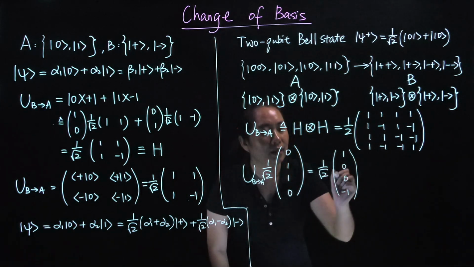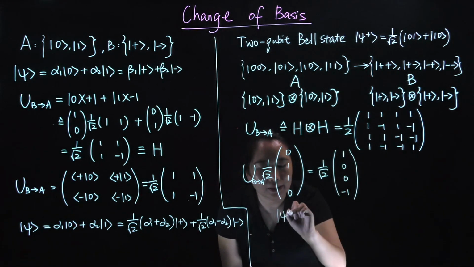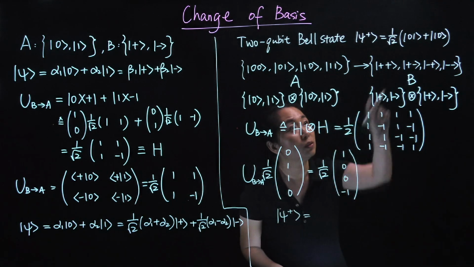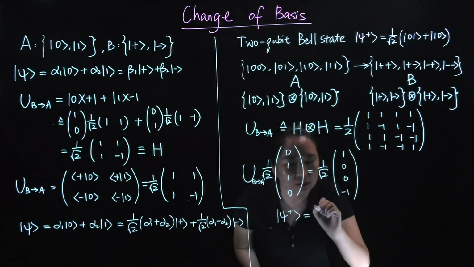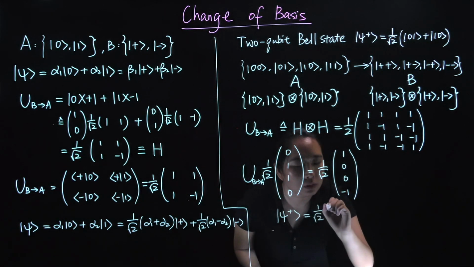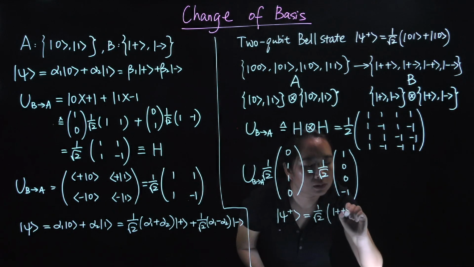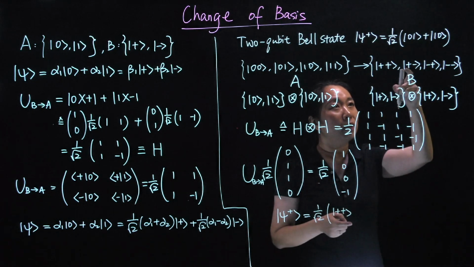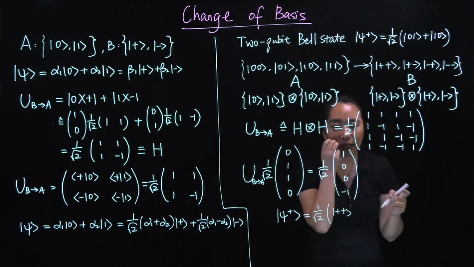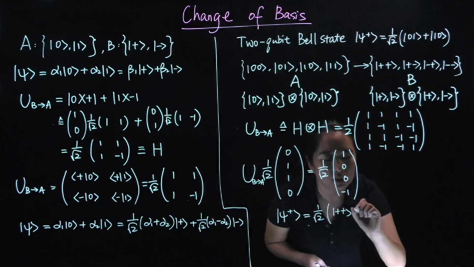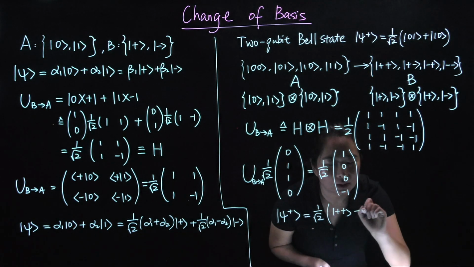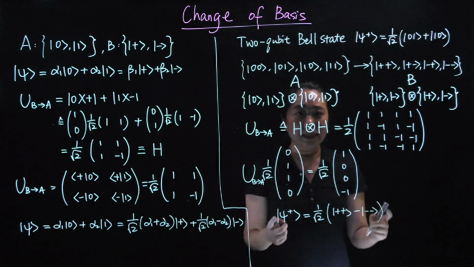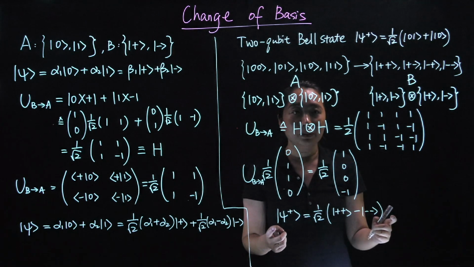That is to say, the state psi plus, now written in the plus minus basis, would have plus 1 for the plus plus ket. So we have 1 over square root 2 plus plus. And it does not have any elements of the plus minus and minus plus kets. And the last term, the minus minus, goes with the minus sign. So this is minus minus minus state. And this is exactly the expression that we have found previously.